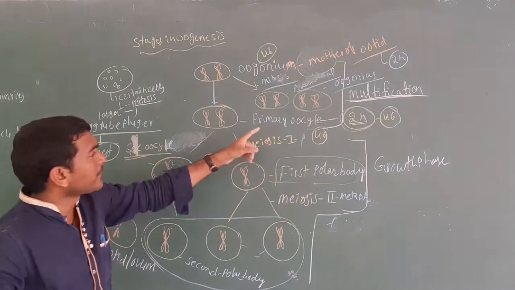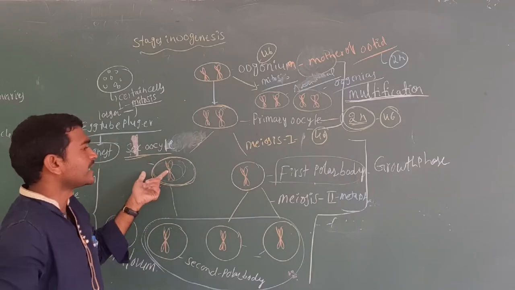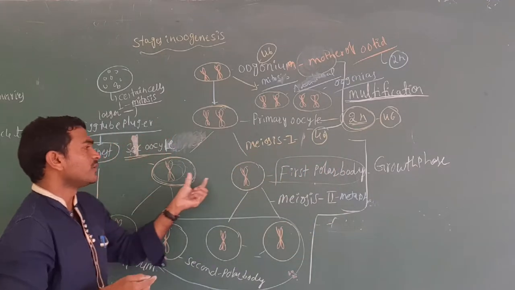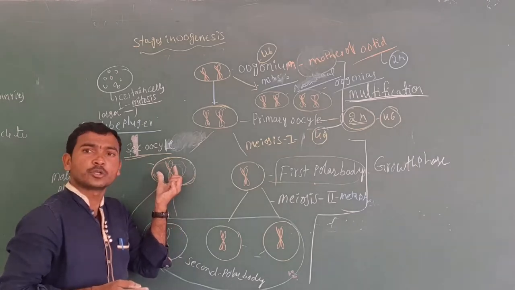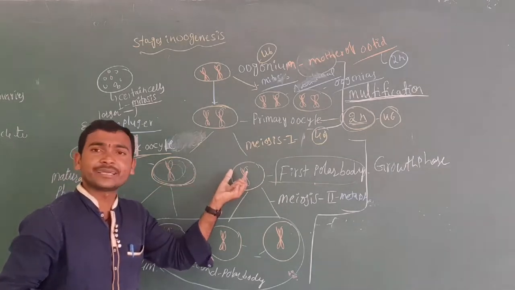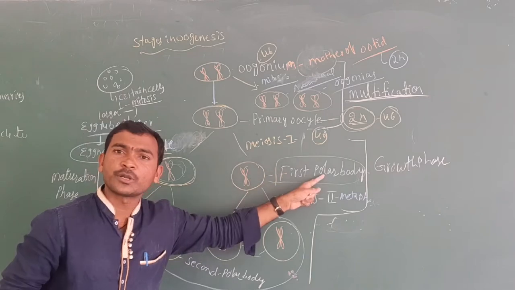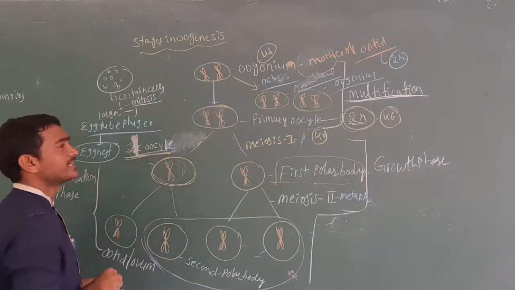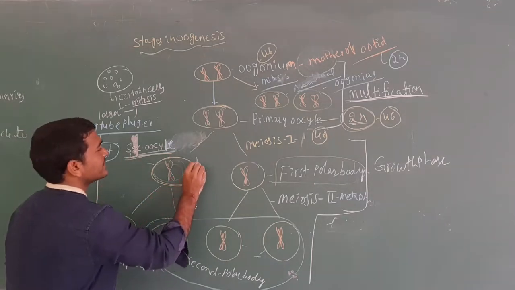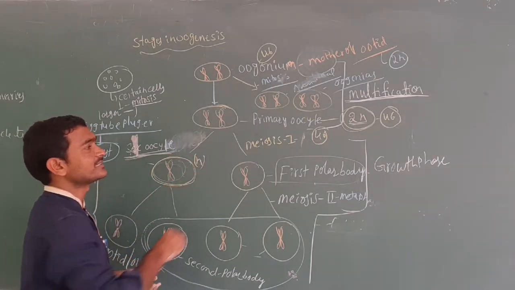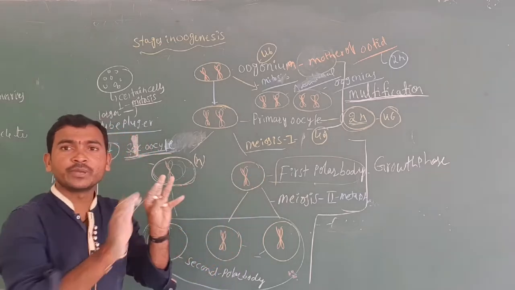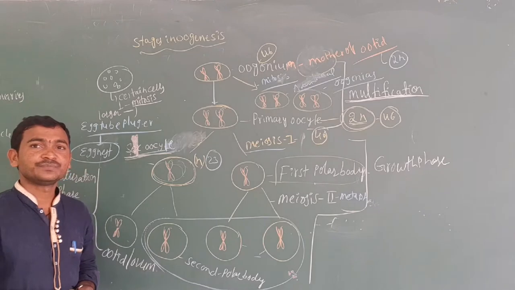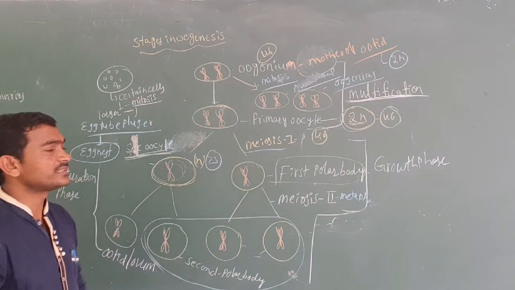Then the primary oocyte to the formation of the secondary oocyte is called the growth phase. Here, because of meiosis, the chromosomes become half, so 23 chromosomes are formed.